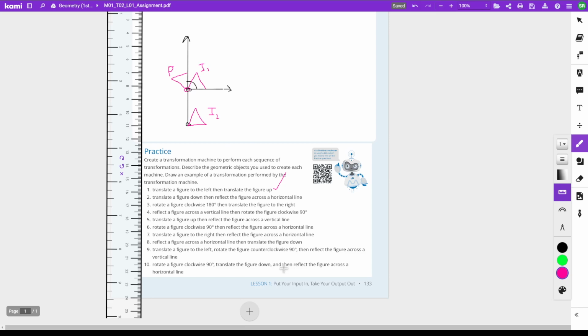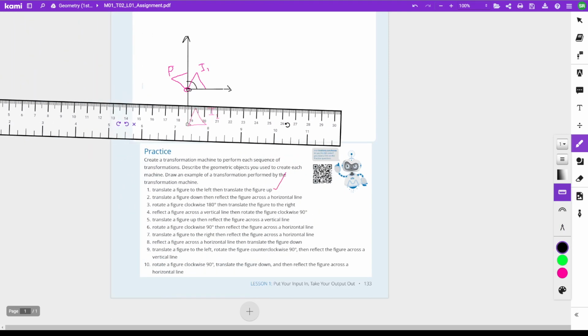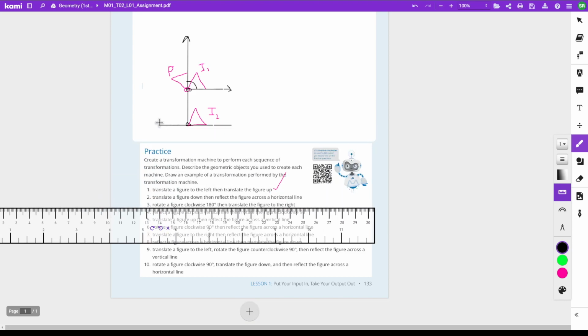Okay, and then lastly it says, take your figure and reflect the figure across a horizontal line. Like I said, for reflections, we're going to be using lines. So we need to create our line. Let's create our horizontal line here so that we can reflect our shape over it.